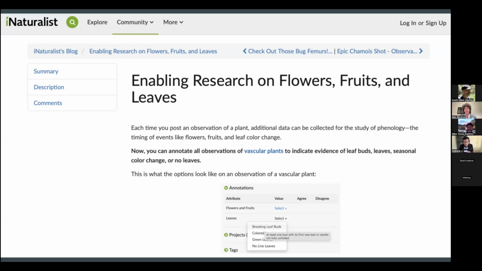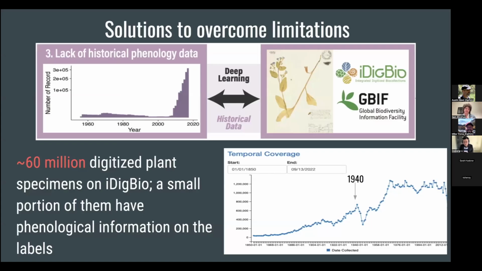If you haven't tried this and you're interested, I highly recommend it. It's going to be fun and also contribute lots of training data for machine learning models later. Similarly, if we can use machine learning to analyze digitized specimens, we can easily have 50 or 60 million records, and this will hopefully cover the temporal gap here.